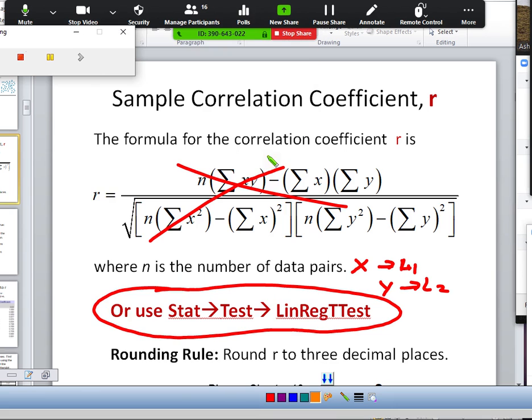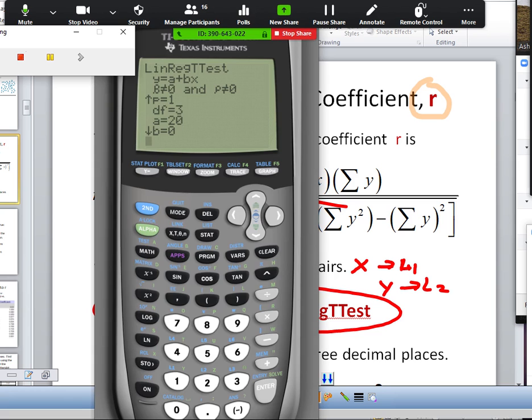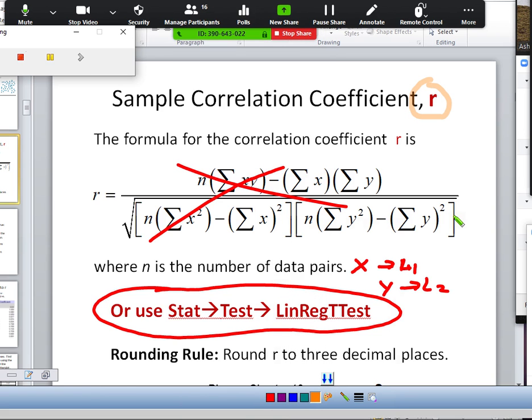I had garbage data in there, which didn't result in anything useful. But that's how you find your R. That's how we calculate R. And we have the beta also. Yes. So the p-value is there also. This tells you it should be between 0 and 1. My data was all straight lines, so it was weird, but that tells you the probability. So that also gives you that as well.